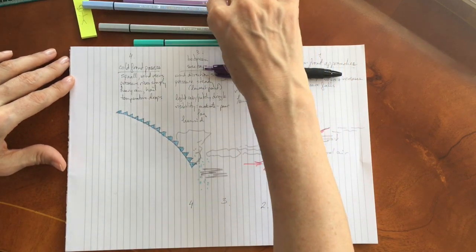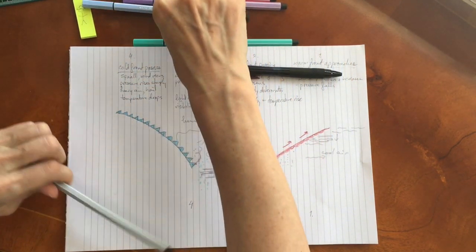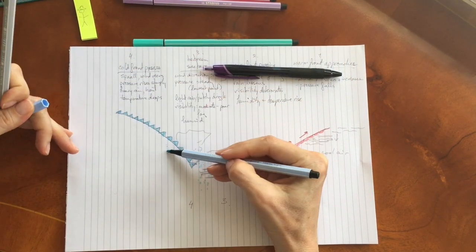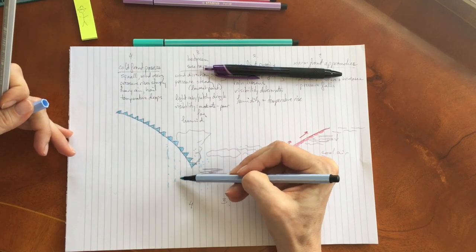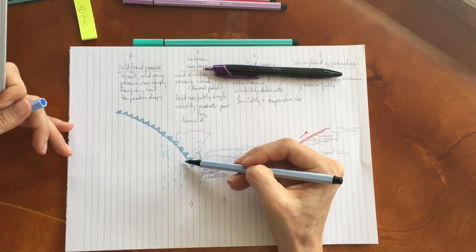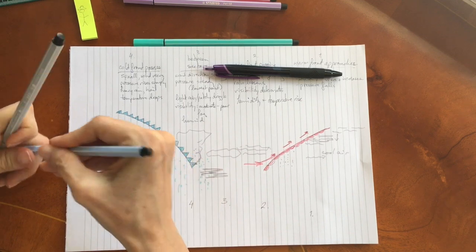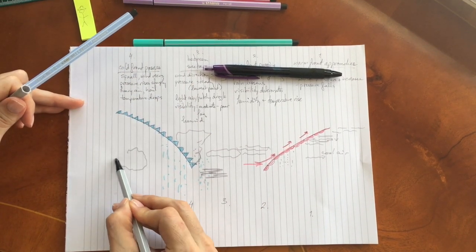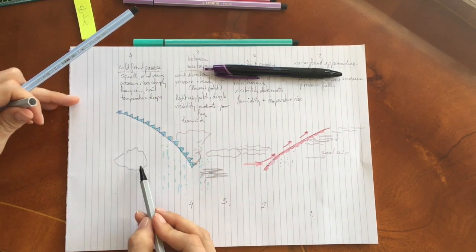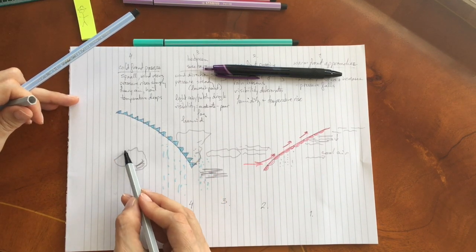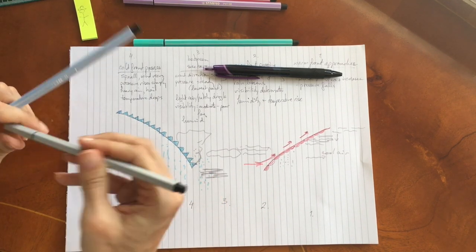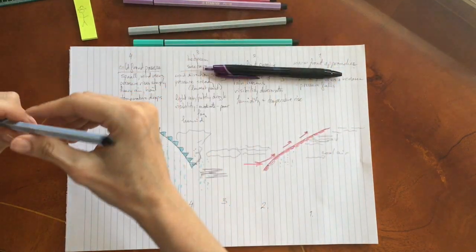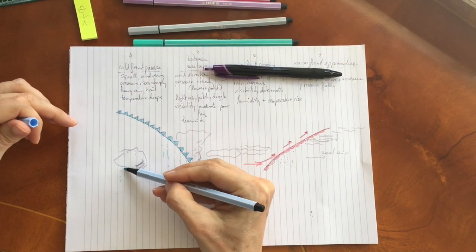Behind the cold front, we're going to have, of course, rain as the cold front passes, and possible cumulus clouds. Could do this better with watercolors, probably, but we like to play with the textures.